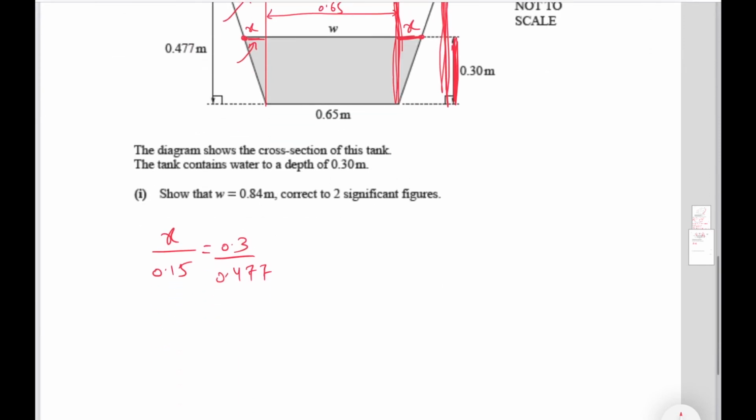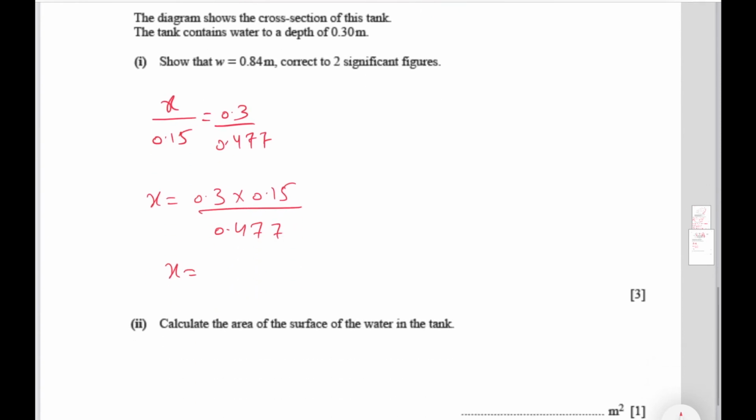Okay, so when I do this, I do X equals 0.3 times 0.15 divided by 0.477. Let's see what X comes out to be. We multiplied 0.3 and 0.15 and we divide by 0.477, and X comes out to be 0.094.